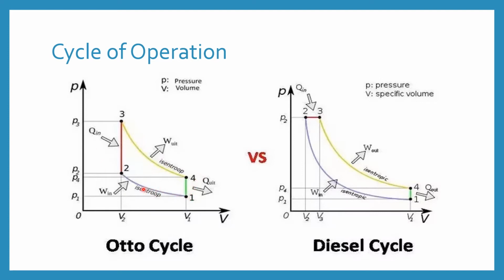The first is a reverse isentropic, where the input is working input, then the combustion input, then heat. After that, 3 to 4 is the reverse isentropic, where the work done is output, and 4 to 1 is heat rejected.